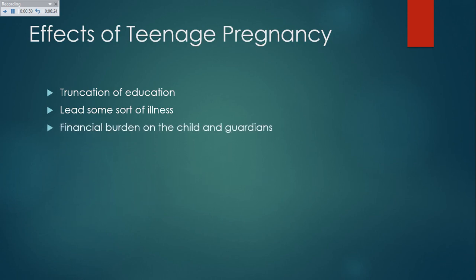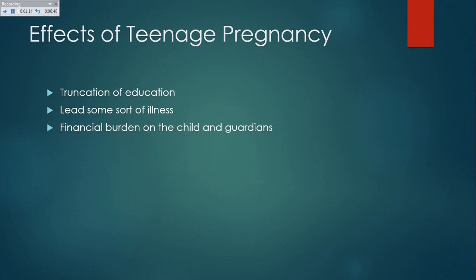Then when the teenager becomes pregnant, it brings a financial burden on the child herself, and then whoever made her pregnant, as well as those taking care of the child who becomes pregnant.